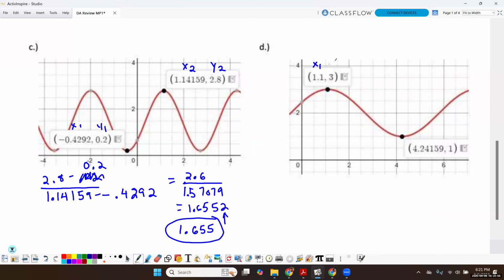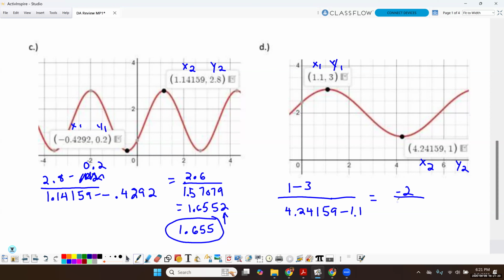If you've tried it on your own, I'm going to label my points x1, y1, x2, y2, and do y2 minus y1 over x2 minus x1. I'm going to use my calculator off screen because honestly, I'm tired of switching back and forth. The first one I can just do without. This is just -2.